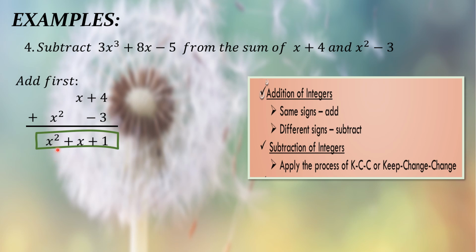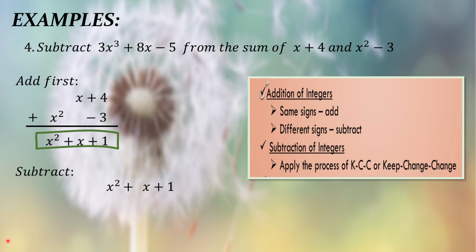So, ibig sabihin, mauuna ang x squared plus x plus 1 dito sa 3x cubed plus 8x minus 5. Kapag ang nakalagay dyan ay subtract from, mauuna yung pangalawa bago yung una. Kapag naman nakalagay ay subtract 2, mauuna yung unang polynomial bago yung pangalawa. Tandaan yung mga keywords ng ating operations.